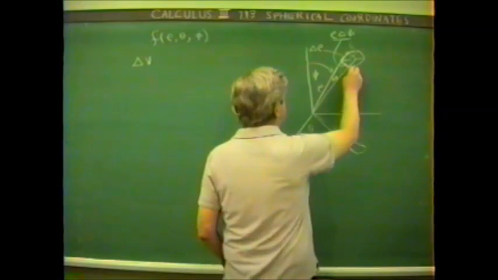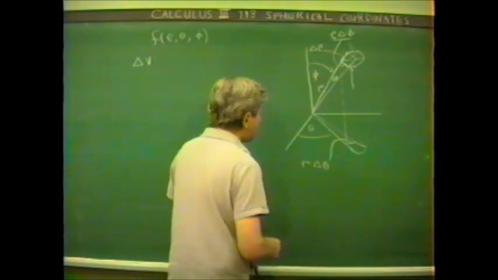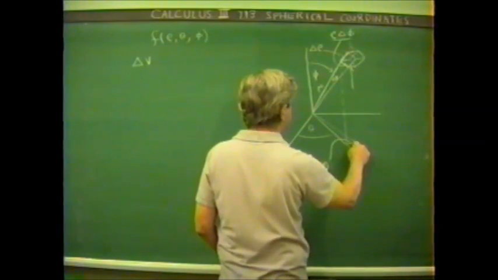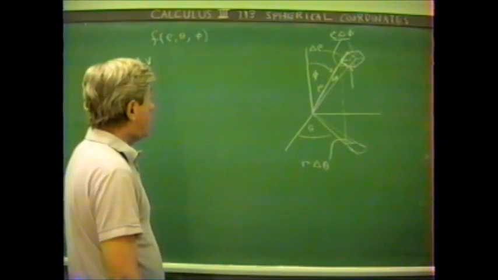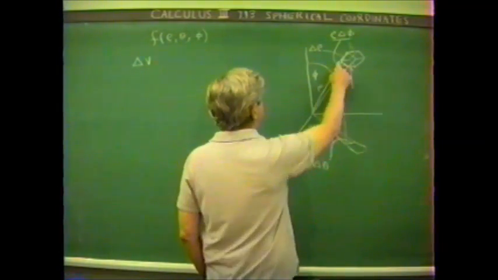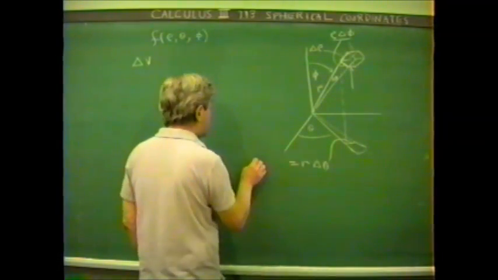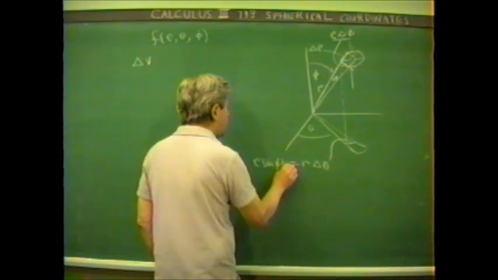The third side right here, or if you like back here, if we project it down here, we get r delta theta. Now r is equal to rho sine phi. So this is equal to rho sine phi delta theta.